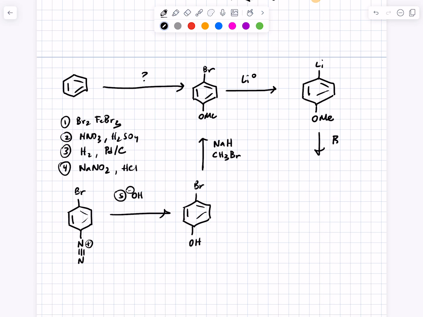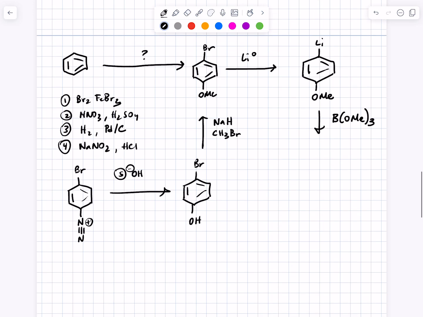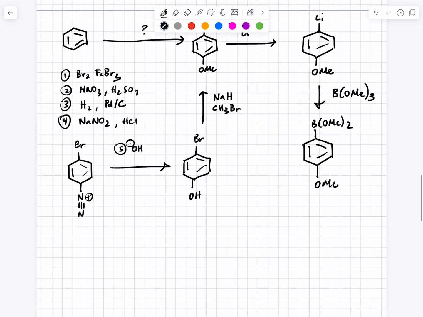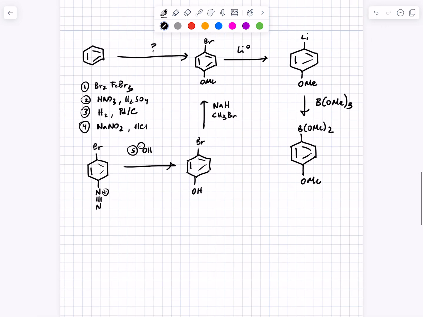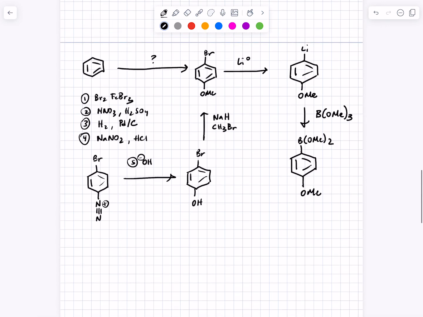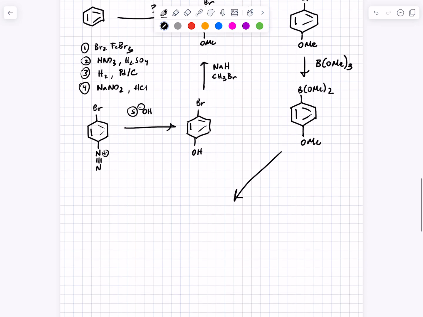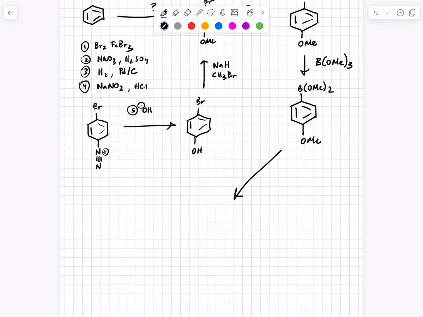And then I will add the boron reagent to convert the organolithium into the Suzuki reagent. OMe means a methoxy group. All right. Then here is the coupling partner in the Suzuki reaction.